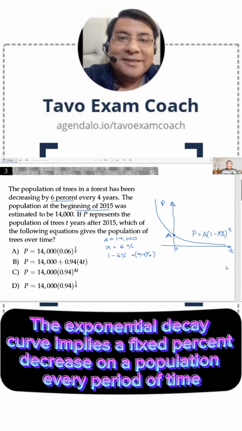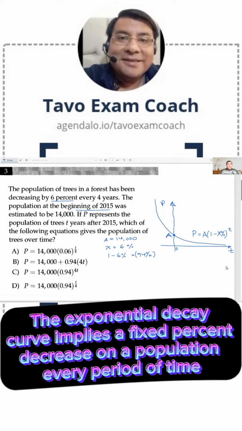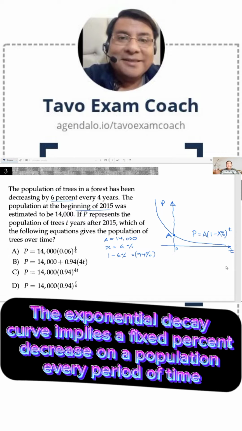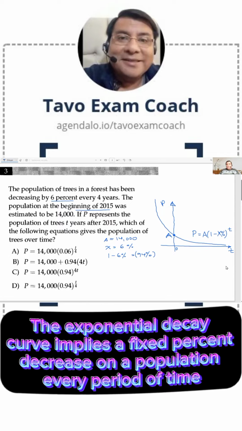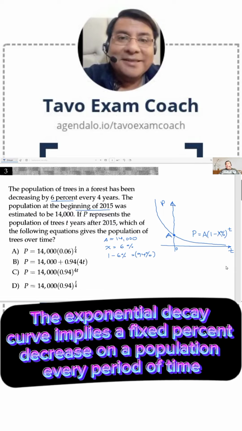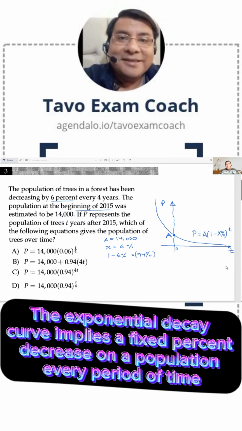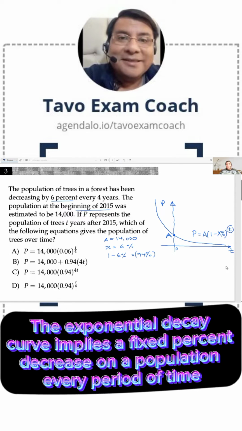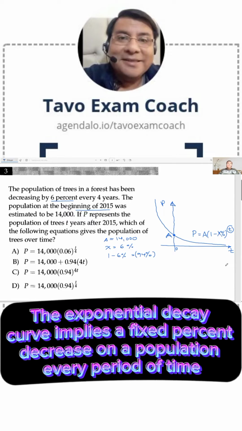After 4 more years have passed, then it will be decreased again by 6%, and so on. So that means that the decrease will happen when T equals 4 years, 8 years, 12 years, and so on. In order to determine this correctly, the value of this exponent here should be the number of years divided by 4.